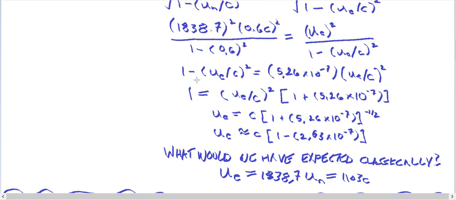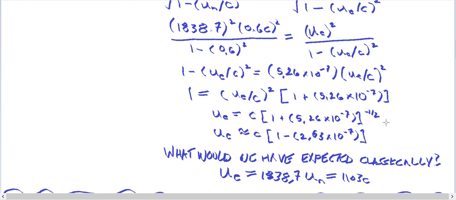And so you can combine like terms, and you get that 1 is equal to UE over c quantity squared times quantity 1 plus 5.26 times 10 to the minus 7. You can use this to solve for UE, and what you get is that UE is equal to c times quantity 1 plus 5.26 times 10 to the minus 7 raised to the minus half.